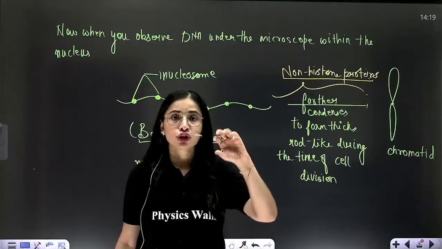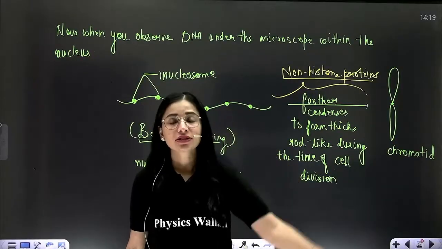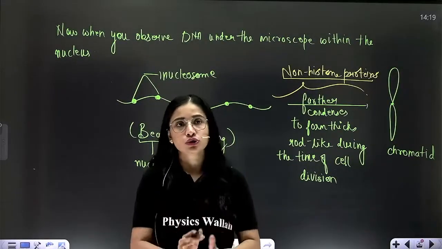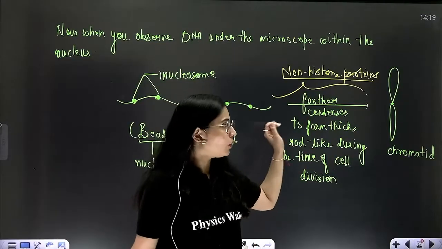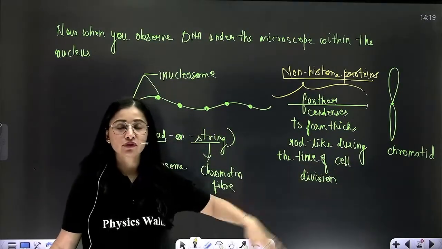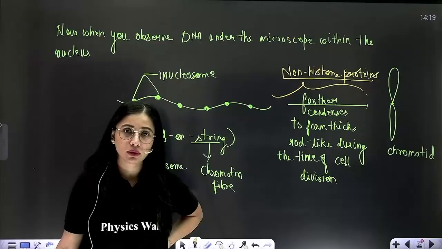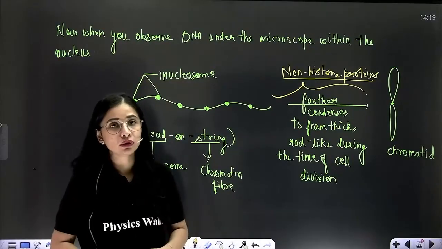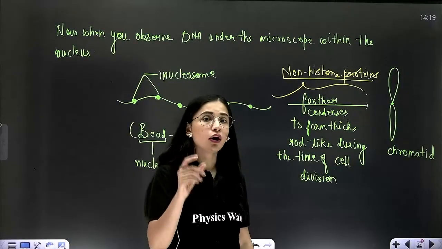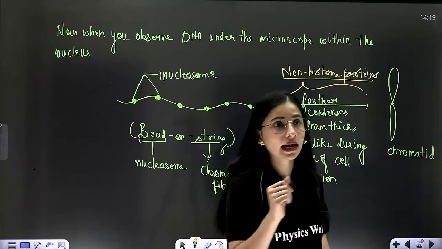H1 is used to lock the structure of the nucleosome. I hope you have all understood whatever information is given on the board. So this you have to do in packaging of DNA in eukaryotes.